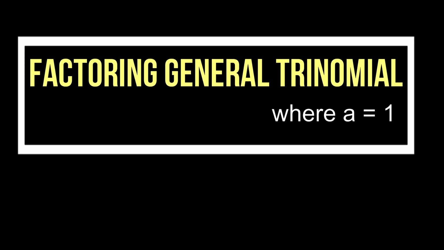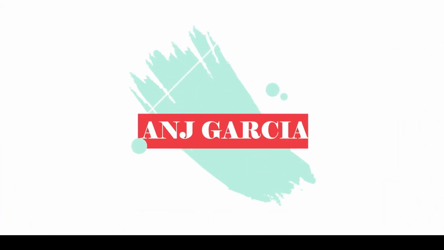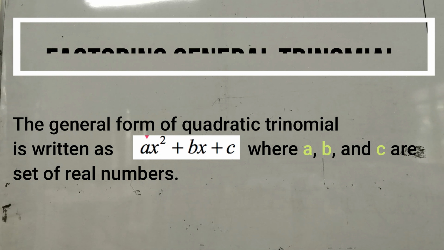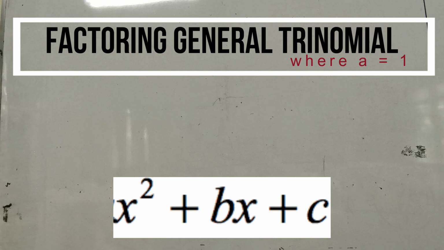So, for today's video, pag-aralan natin how to factor general trinomial where a is equal to 1. Take note that the general form of quadratic trinomial is written as ax squared plus bx plus c, where a, b, and c are constants.